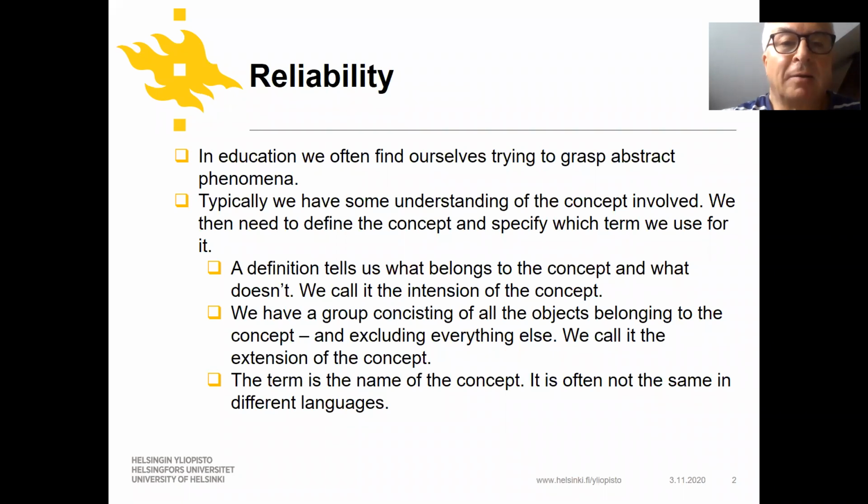The concept of reliability is important in educational sciences simply because we so often try to measure something that we can't grasp in our hand.